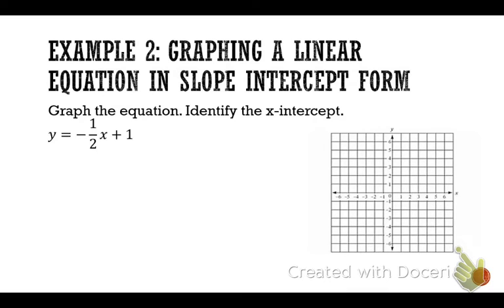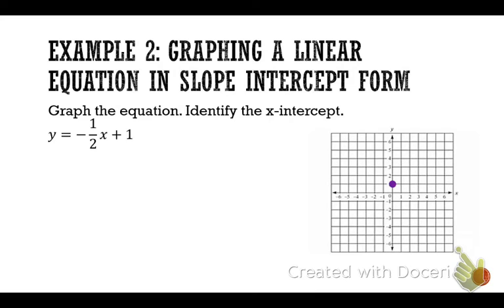Would it go on the y-axis or the x? On the y-axis. And the last number in the equation tells me it goes on a y value of what? Positive 1. So I go up to a 1 on the y-axis and I plot my point. Does everybody see why my point went there?